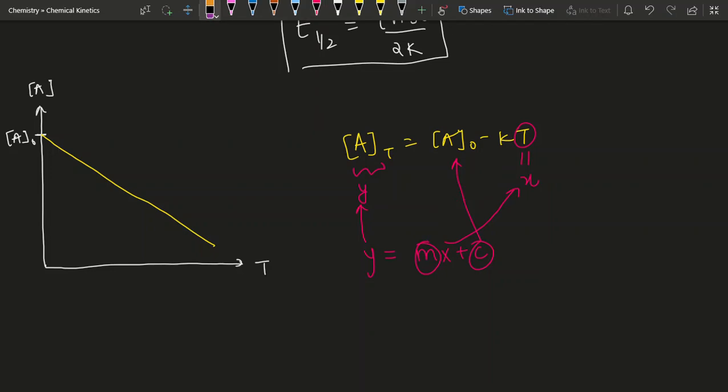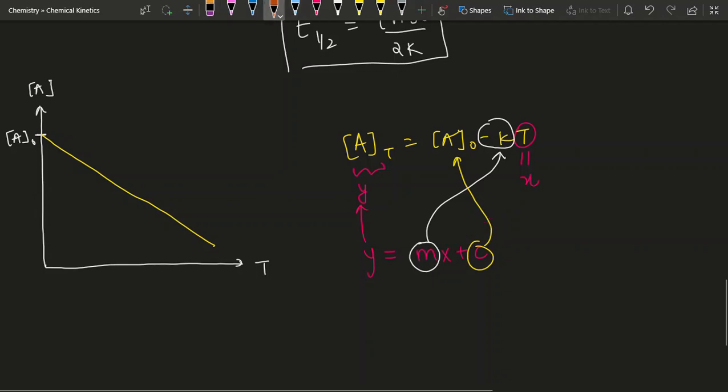That's a bit messy. So let's draw that in a different color. So m corresponds to the negative k, that's right here. Then you have the c corresponding to this A naught that you have here, and you have this x corresponding to the x, and you have the y corresponding to the y.